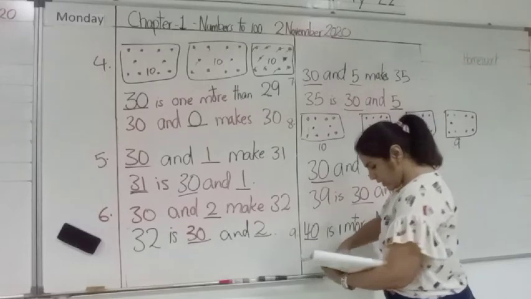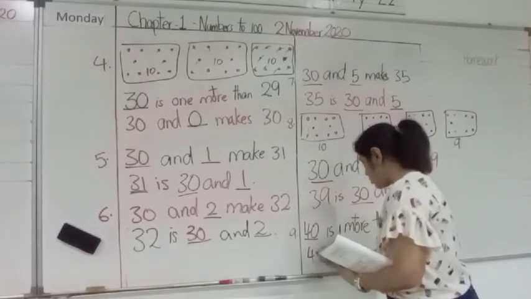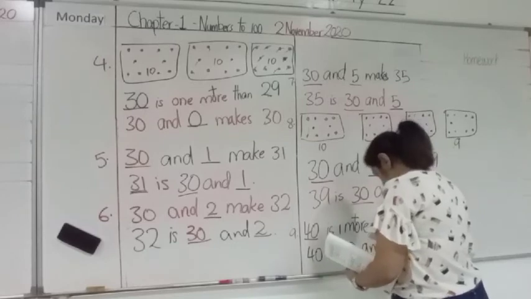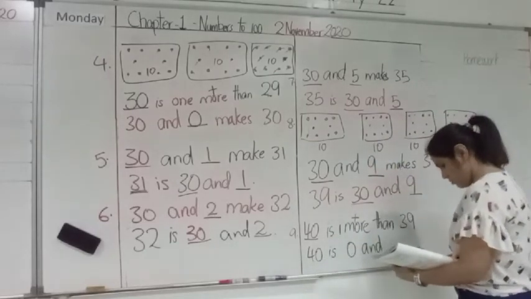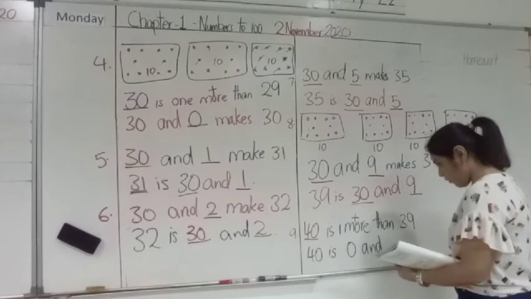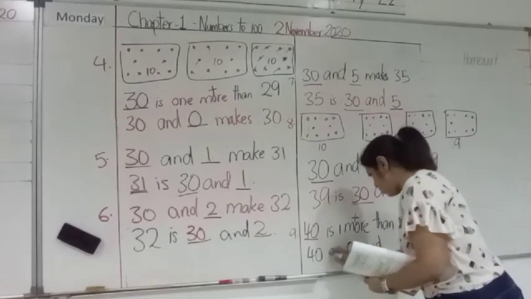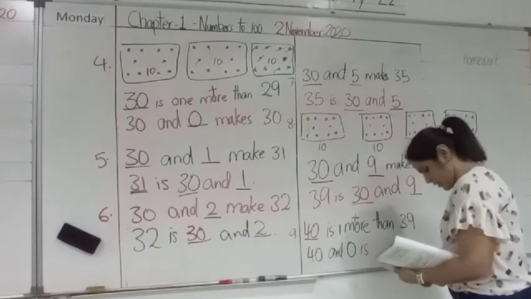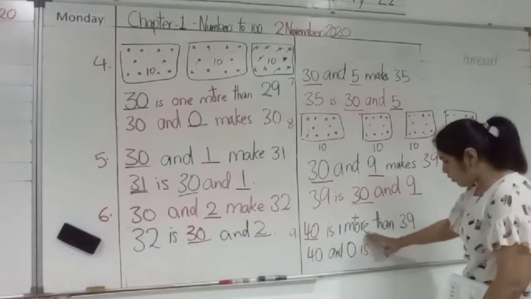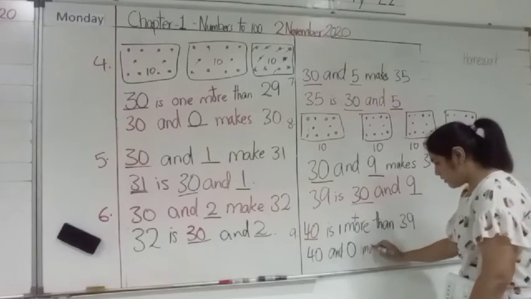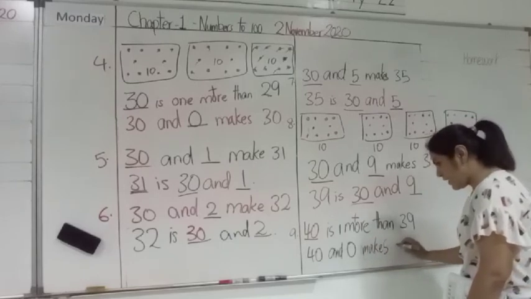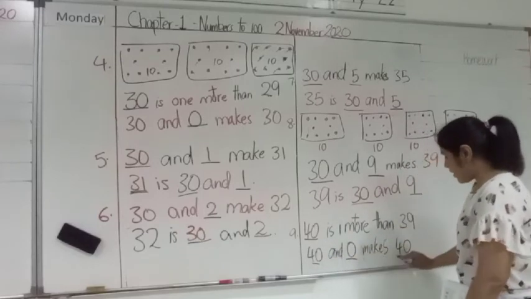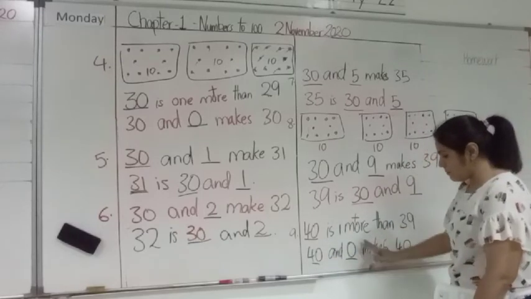So 40 and 0. Sorry, 40 and 0 is what? 40 and 0 makes 40, because whatever you add with a 0, it will remain the same number.